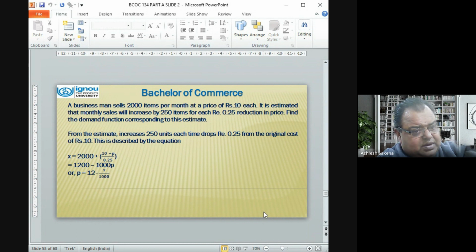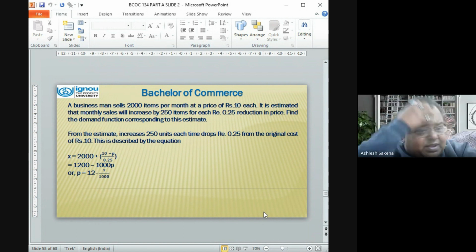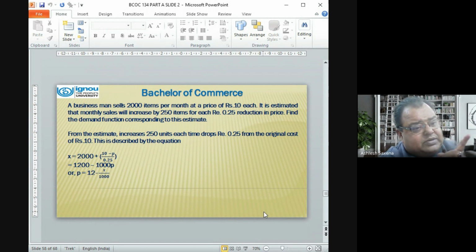Now, what is the original price? Assume the price as p. It will be 10 minus p by 0.25, and 2,000 items are going to sell.